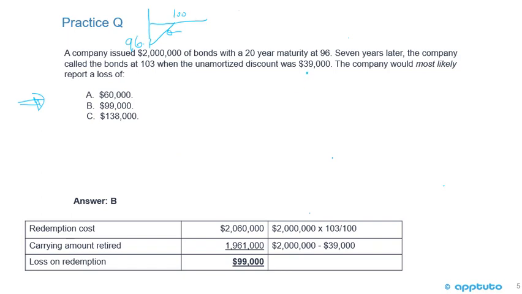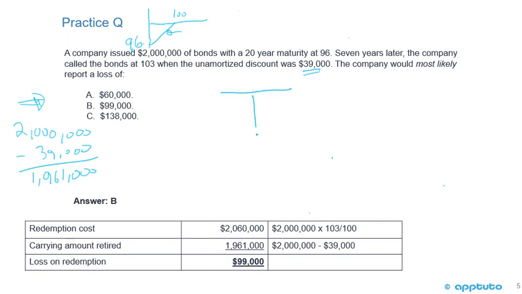So when we see that unamortized discount, we know we're going to subtract that from the face value. So we can do 2 million minus the 39,000, and that's going to give us a carrying value of 1,961,000. Think about how that is on the books.